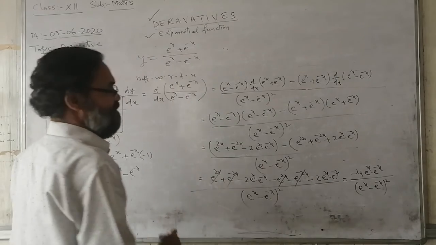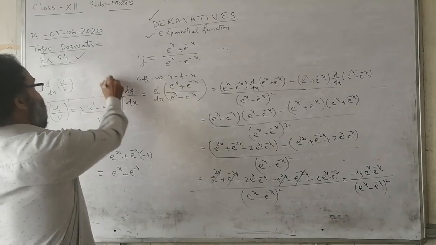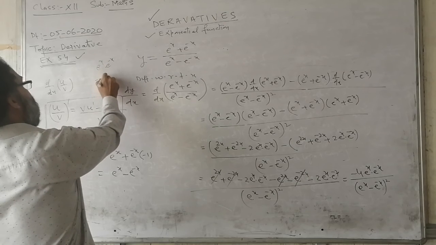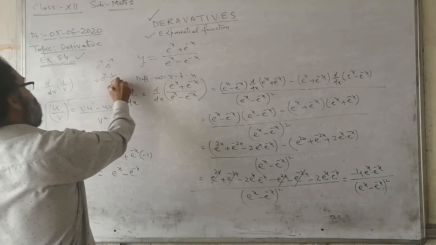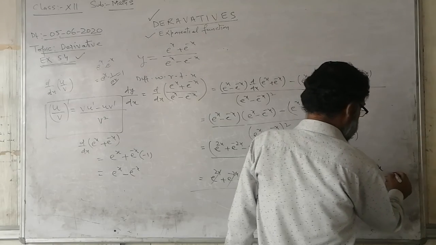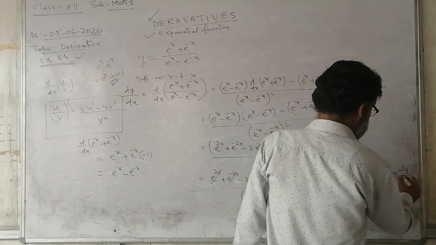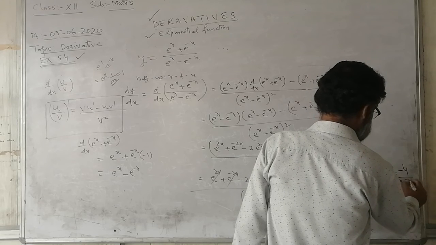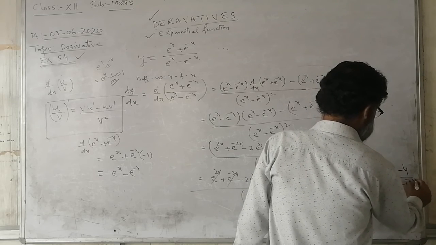Now e^x into e^-x is e^x into 1 upon e^x, that is 1. So this will equal minus 4 upon (e^x + e^-x) whole square.